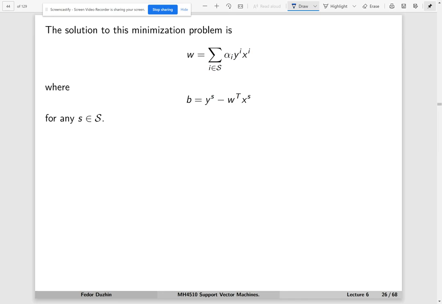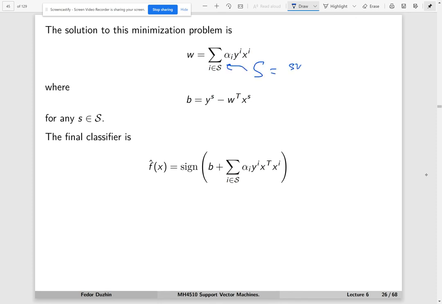Now I'm going to tell you without proof that the solution of this minimization problem is going to be a linear combination of certain, not all, of the vectors. Notice that this is the sum over a subset of the vectors, and these are actually support vectors. This S is the set of support vectors.